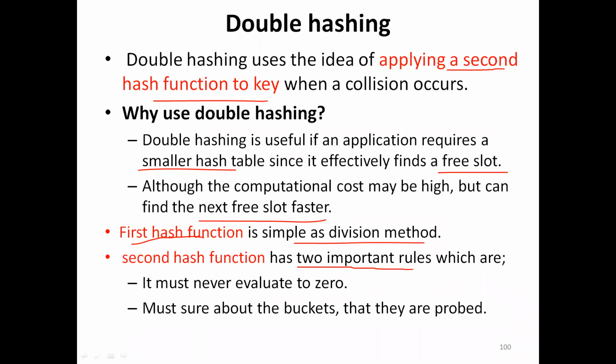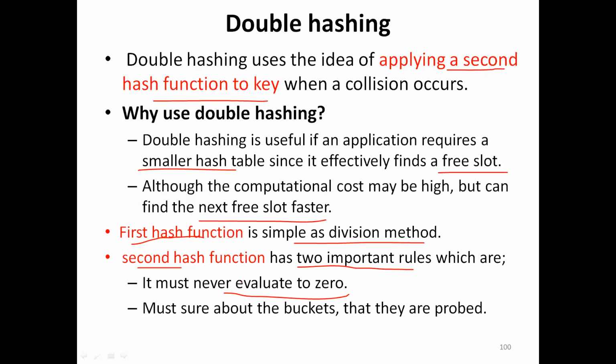There are two important rules. Whenever you find a hash key from the second hash function, it should not evaluate to 0. When it evaluates to 0, it means nothing. When you get 0, there is no meaning in writing the second hash function, and we would just go for the first hash function itself.